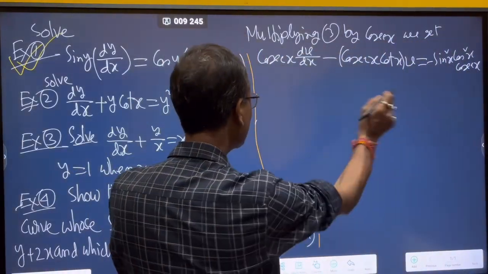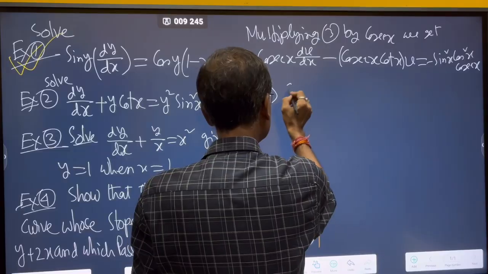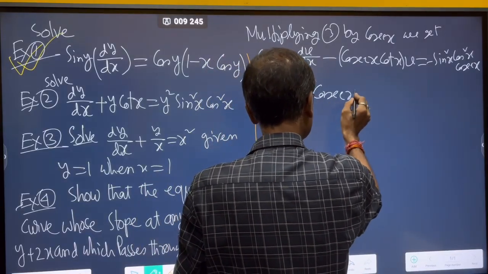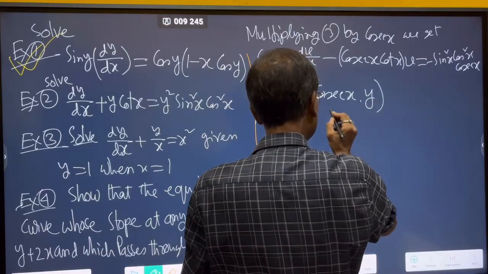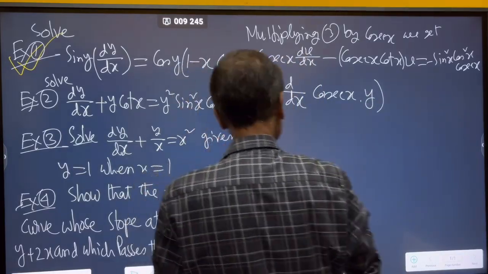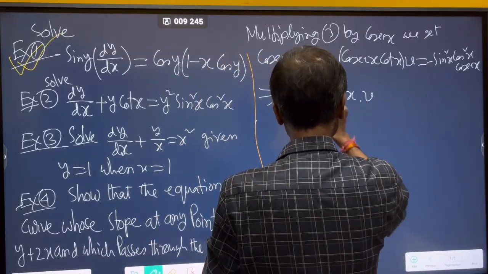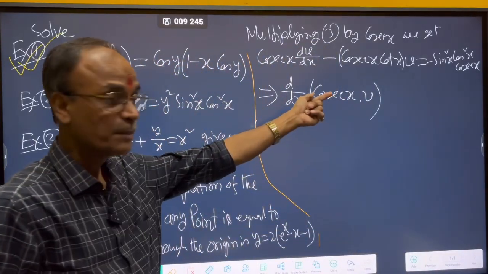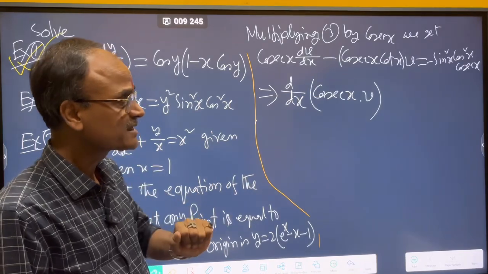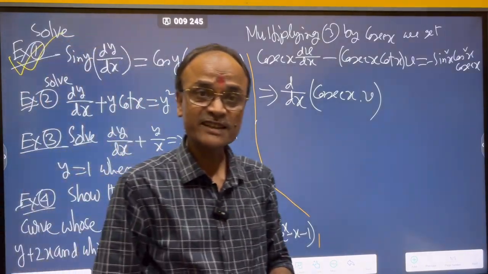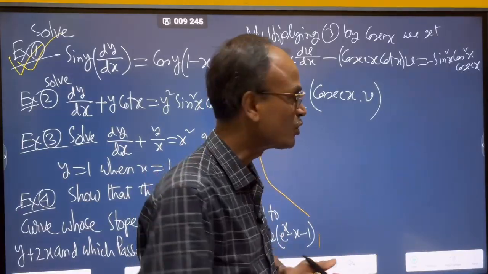Now, can I write this as d by dx of cosec x into v? First function cosec x, differentiation of the second function dv by dx, plus v times the differentiation of cosec x, which is minus cosec x cot x.